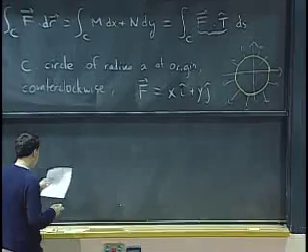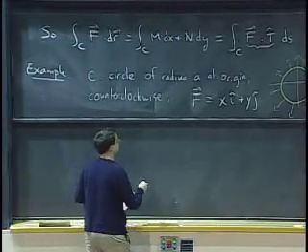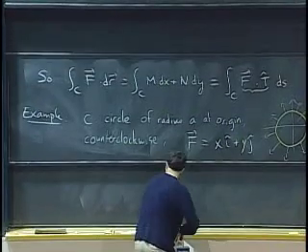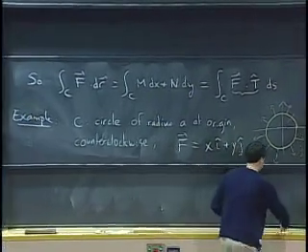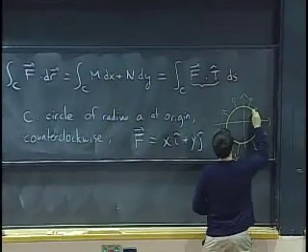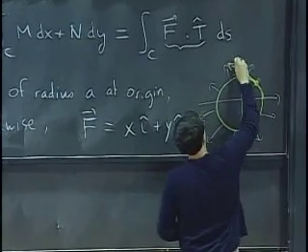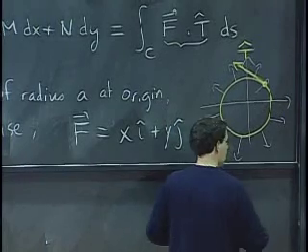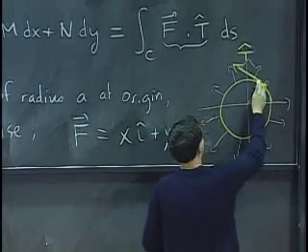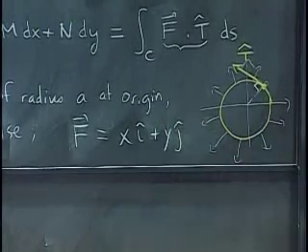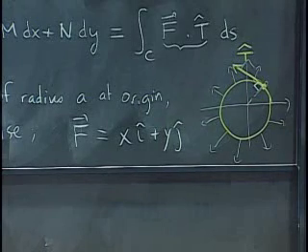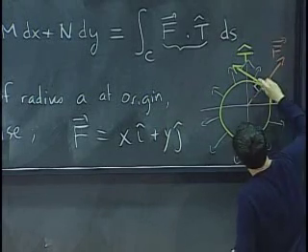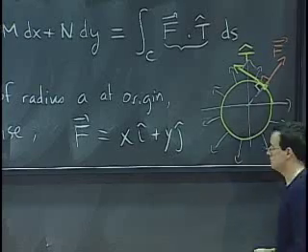Now we can say it directly: if you have any point of a circle, then the tangent vector is tangent to the circle, so it's perpendicular to the radial direction, while the force is pointing in the radial direction, so you have a right angle between them.